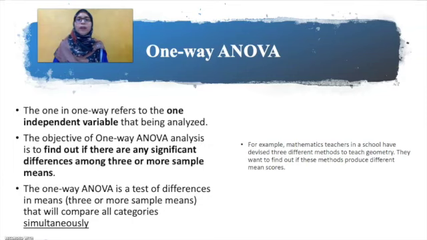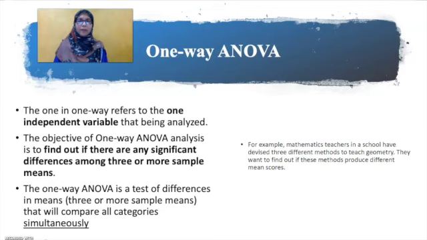So your independent variable should consist of 3 or more sample means. One-way ANOVA is a test of differences in means, 3 or more sample means, that will compare all categories simultaneously. The function of ANOVA is to test the mean difference between your samples, where you have 3 or more samples for your independent variable, and this testing will run simultaneously for the samples that you have.